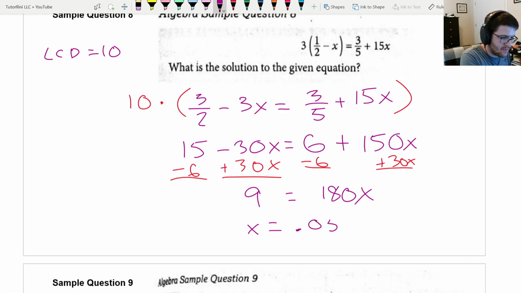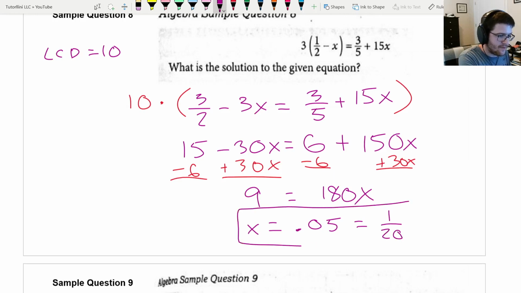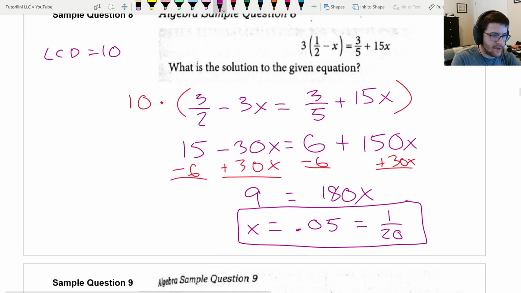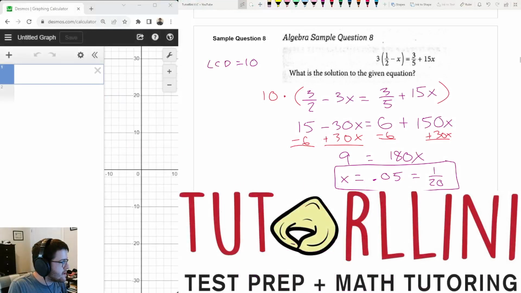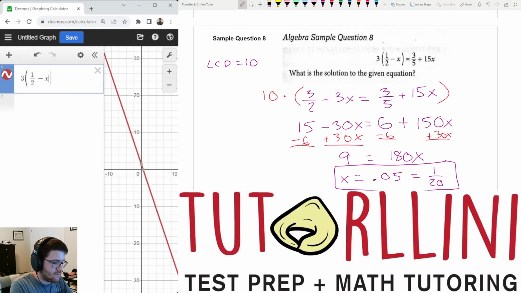You can also put the fraction form of that, which is 1/20th. I mean, there's no reason not to. It'll just do the fraction form for you. And so yeah, understanding how to clear denominators is super important on the exam. However, on the actual test, I would not solve this question this way. So let's go over here. We just type it in exactly as written.